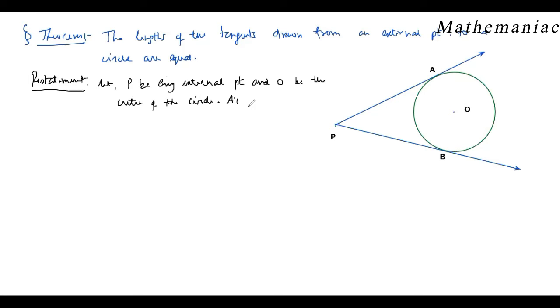Also, let PA and PB be two tangents from P to the circle at A and B respectively.